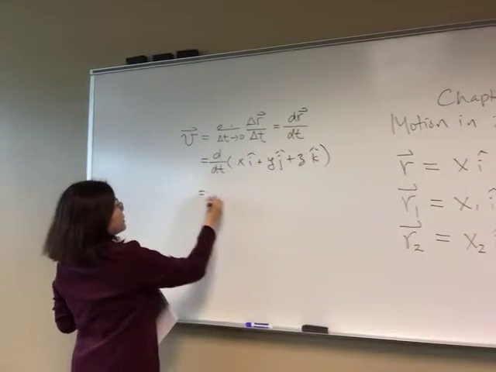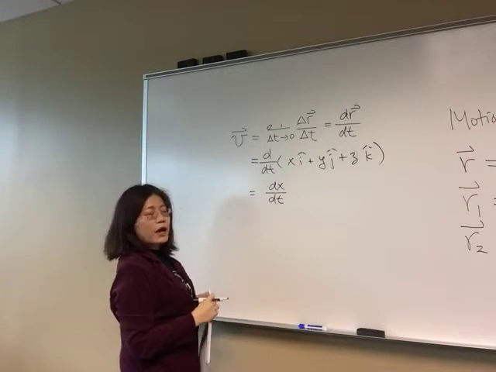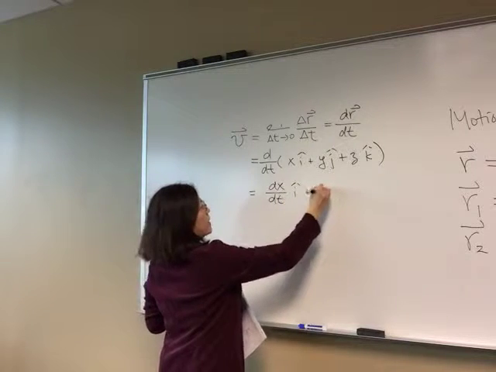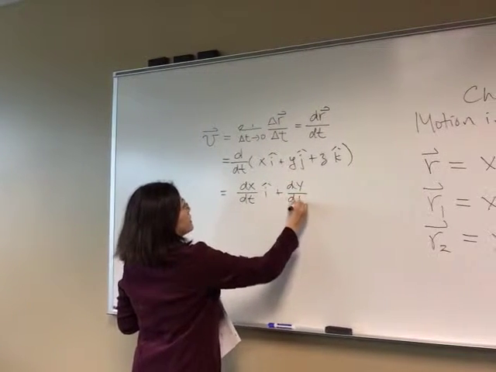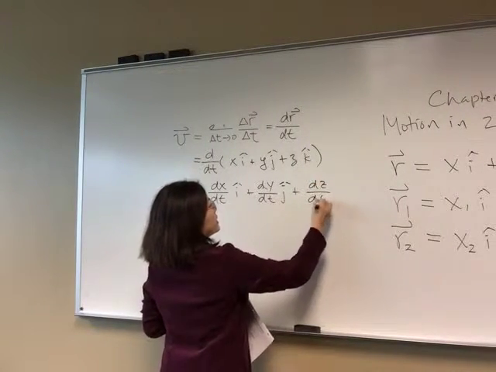So what you're going to do is that you have your dx over dt, the time derivative of the x component, i hat, and then dy dt j hat, and then you have your dz dt, and then k hat.